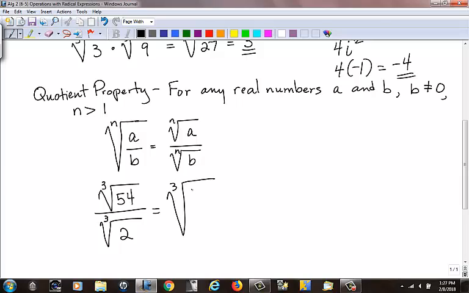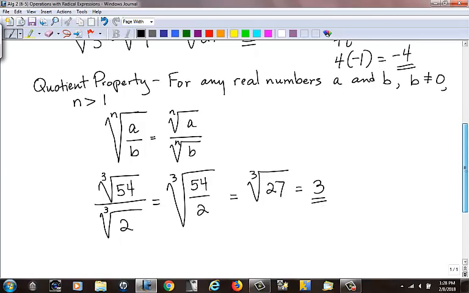We could have the cube root of 54 divided by 2. 54 divided by 2 is 27. The cube root of 27 would be 3. So that quotient property works for even and odd indexes. You just have to remember the denominator cannot be 0. This property allows you to put them back together or to separate them.